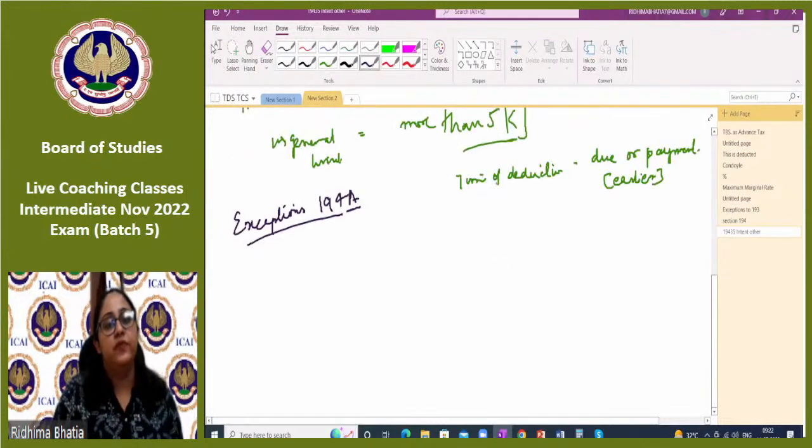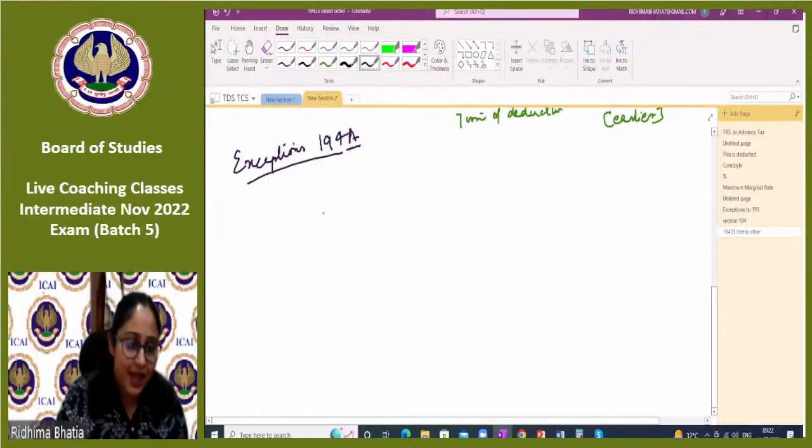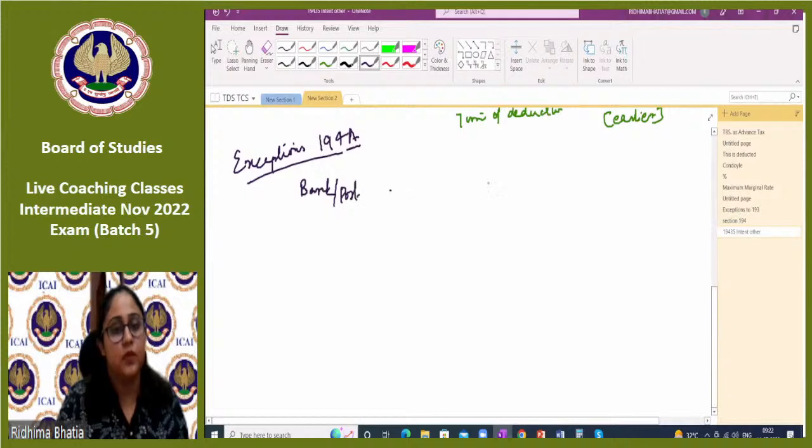Limit is 5,000. But when the bank or the post office is making the payment of interest on term deposit, सबसे पहले, what is term deposit?